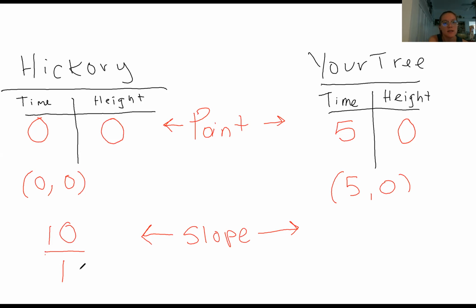This is your x minus x. So the y values gave me the 10. It's going to grow 10 inches. And this 1 here is going to be my x for every 1 year that passes. Use your growth rate to figure out what your slope is going to be. Make sure you get that written into your equation, okay? Be back in just a second. We'll start figuring out how to write these equations. Next time that happens.